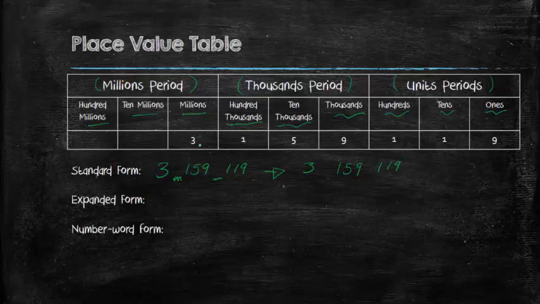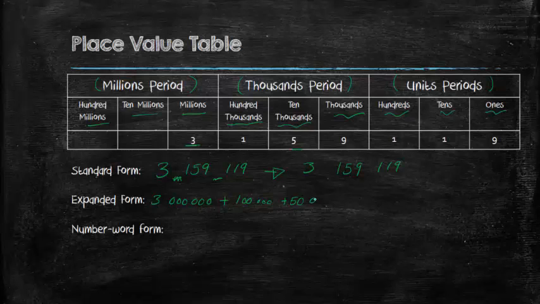The expanded form we essentially write as additions. So we look at this, and this is 3 million. So we write 3 million. 3 followed by 6 zeros, that makes up a million. So 3 million plus, well, we have 100,000 here. So we write 100,000. Okay, and then we have this value here, which is the 10,000s, and since there's 5 of it, it's 50,000.